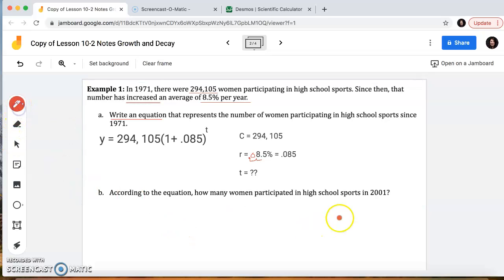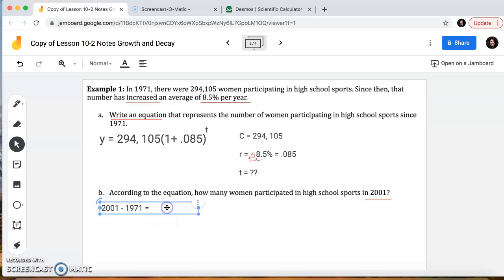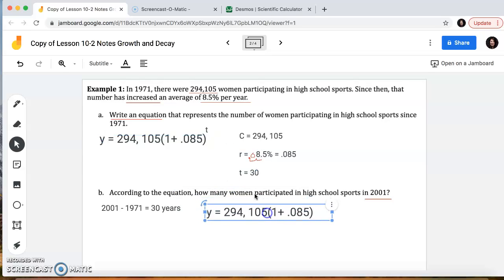Now it says, according to the equation, how many women participated in high school sports in 2001? Well, we need to subtract to find how much time has passed between 2001 and 1971. If we do that math, we get 30 years. So now we can change our t to 30 years.